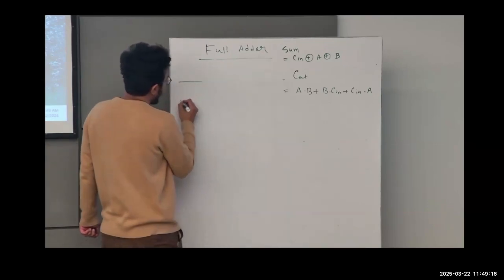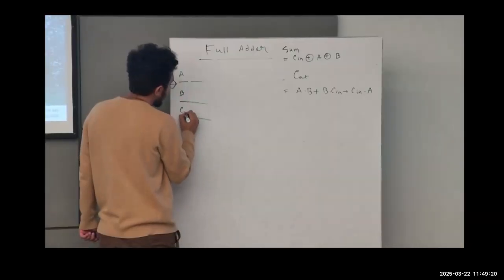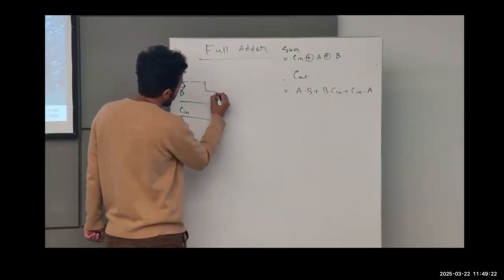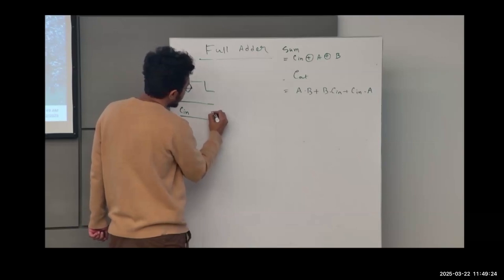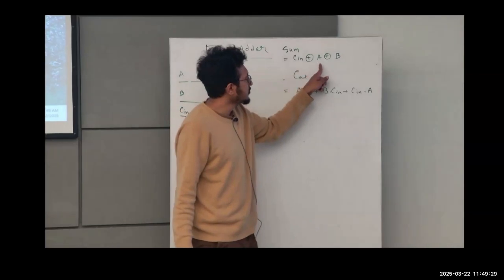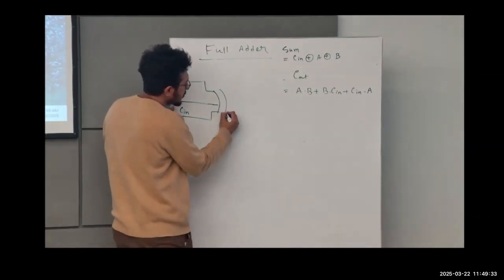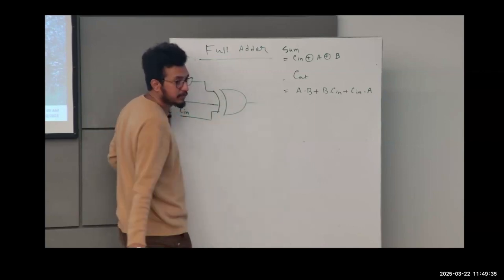So if I have A, B, and C in, then what do we have? If I do a XOR between these three, A XOR C in XOR B. If you have a 3-input XOR, you can readily do this. This is the XOR circuit symbol.